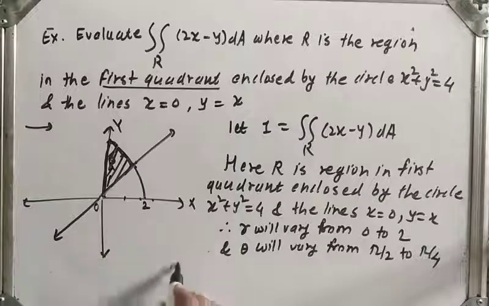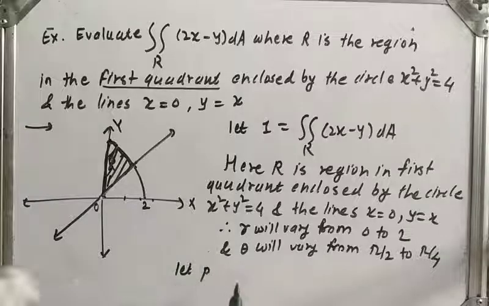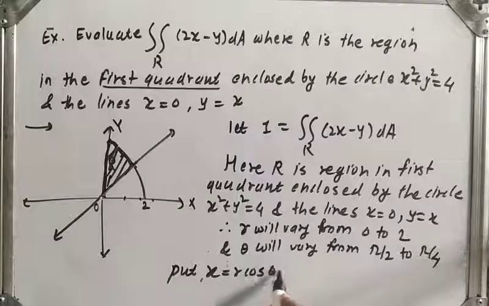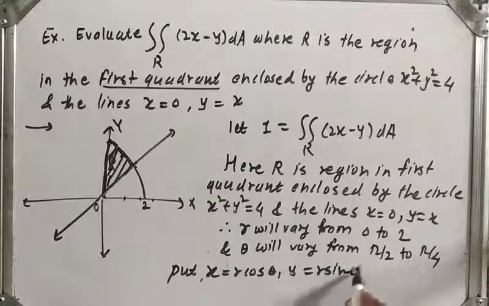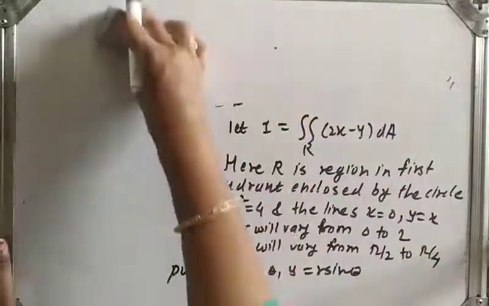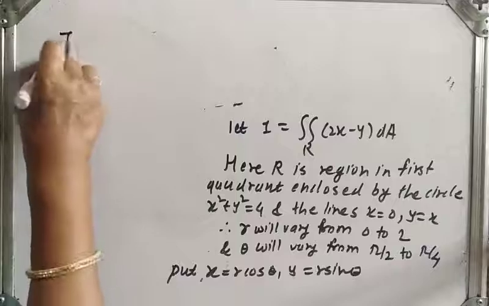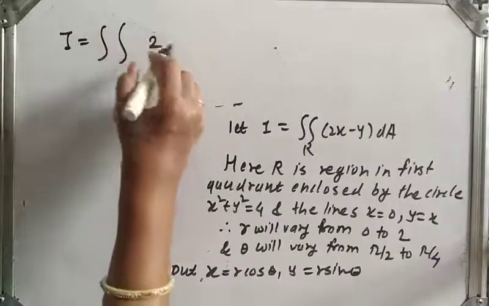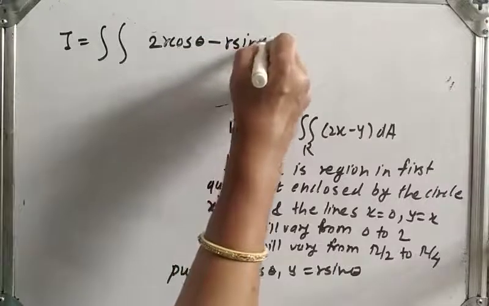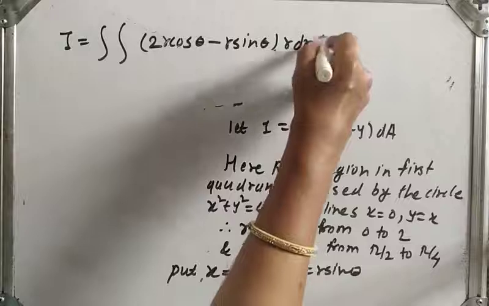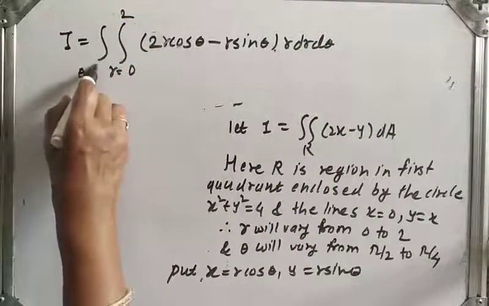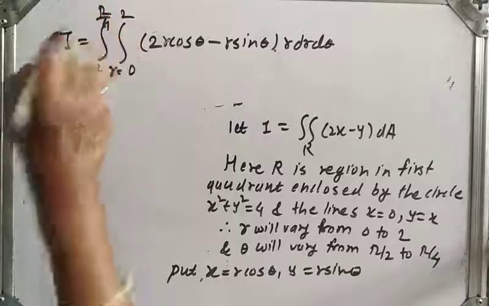So let us put x is equal to r cos theta, y is equal to r sin theta. Therefore I is equal to the double integration of 2 times r cos theta minus r sin theta, into r dr d theta, where r varies from 0 to 2, theta varies from pi by 2 to pi by 4.